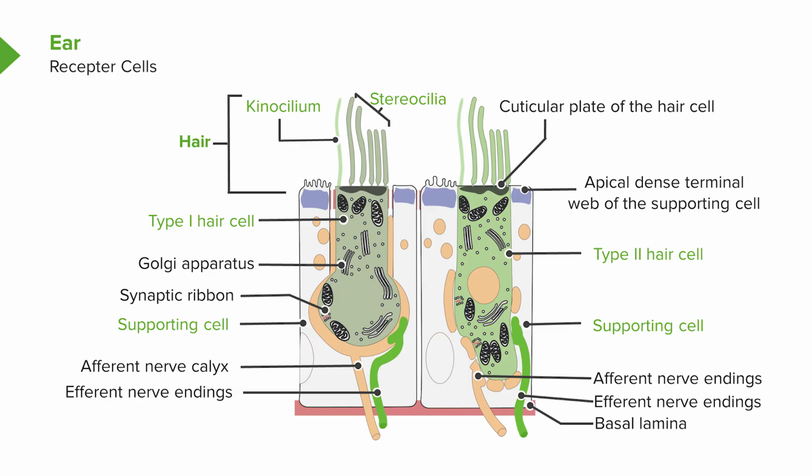The difference between these hair cells in this diagram and the hair cells that I will show you in the organ of Corti, the organ that detects sound, is that there's no kinocilium. And that's because the stereocilia don't bend in any direction towards the kinocilium in the organ of Corti.